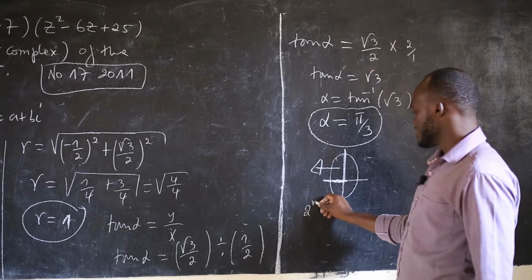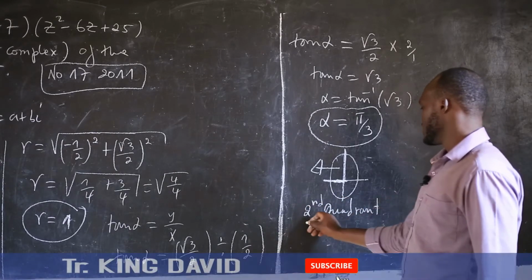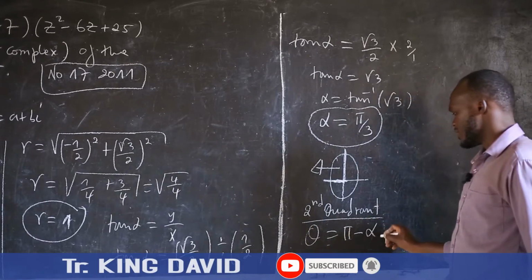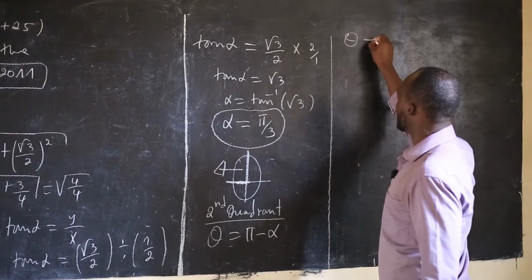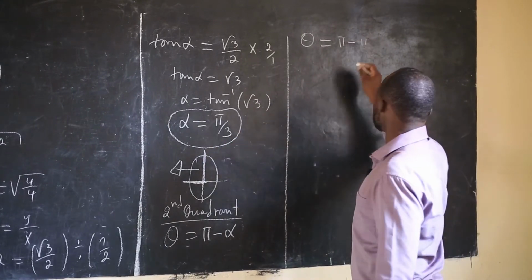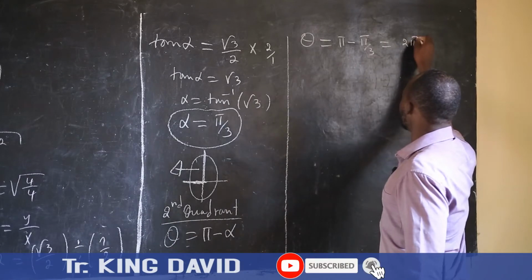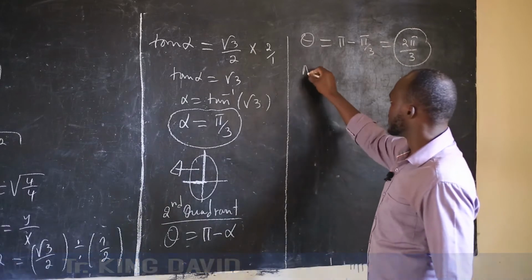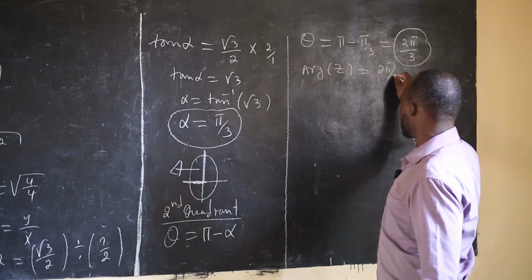And in the second quadrant, if you remember very well, angle equals pi minus alpha. So our angle will be equal to pi minus pi over 3, because our alpha is pi over 3. So now the answer is 2 pi over 3. So this is the argument. The argument of z equals 2 pi over 3.